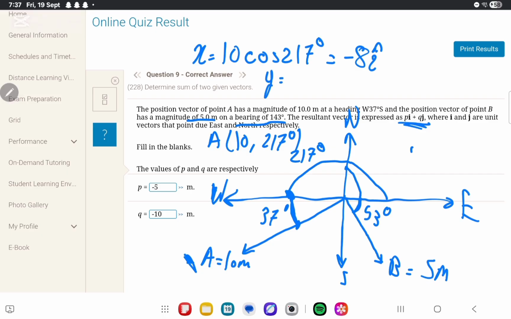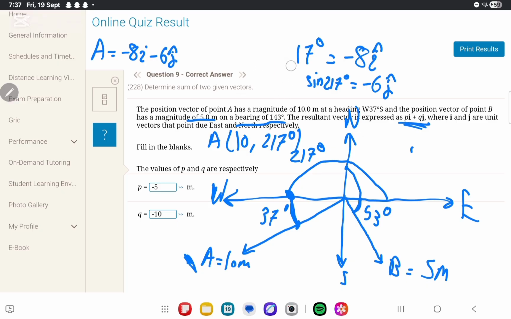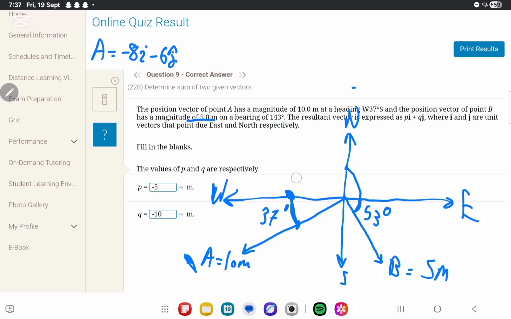And now y is going to equal 10 sine 217 degrees, which gives me negative 6j. Okay, so A is equal to negative 8i minus 6j. I'm leaving this here because now I'm going to erase this and work with vector B. For vector B, I'm going to erase all of vector A actually because I don't need it anymore.